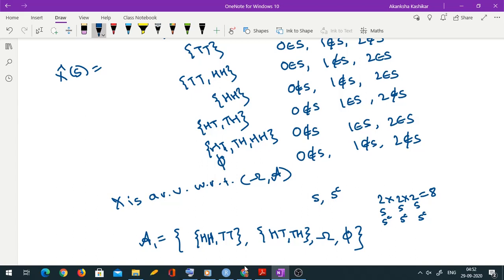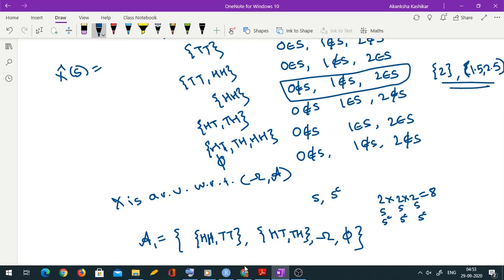Now if I consider the same X, then I can see the inverse image of sets of this type, where 0 is in S, 1 is in S, but 2 is not in S. So for example, if I take singleton 2, it's a Borel set, or if I take the interval 1.5 to 2.5, it is also a Borel set. Then the inverse images of all these are going to be HH, and I don't have singleton HH in A1. Similarly, you don't have singleton TT.